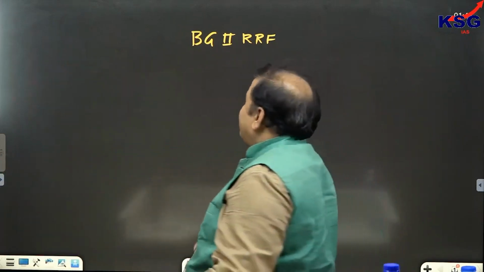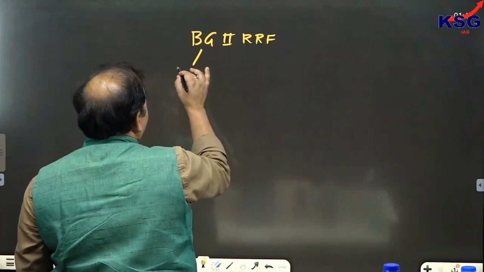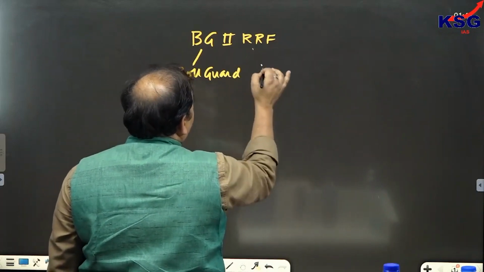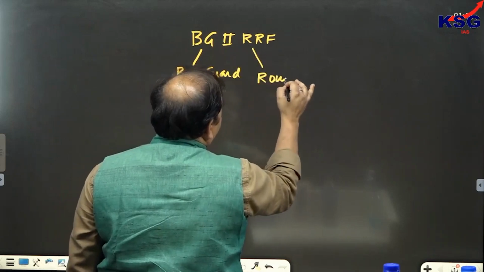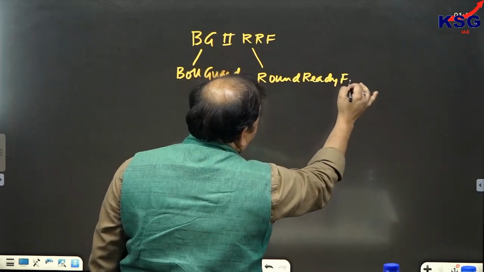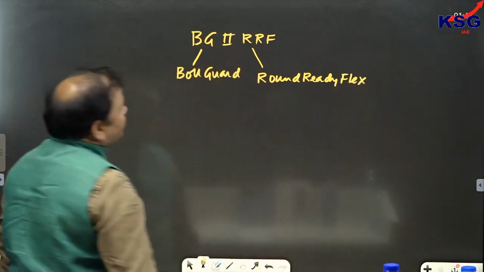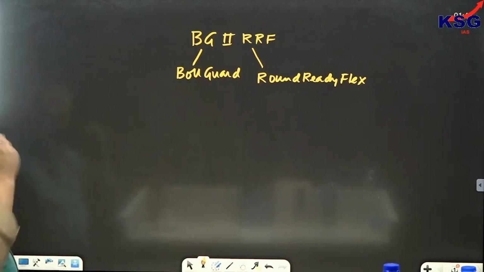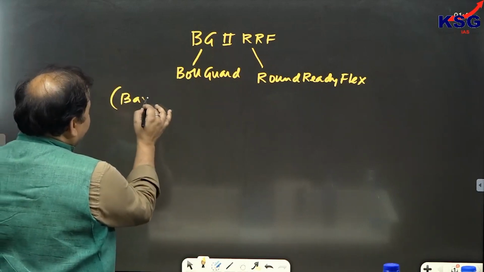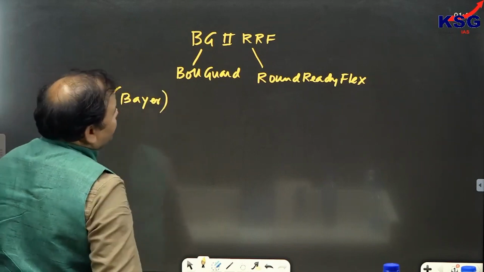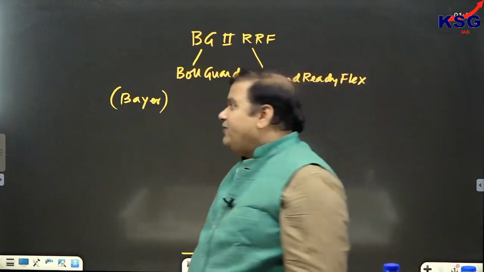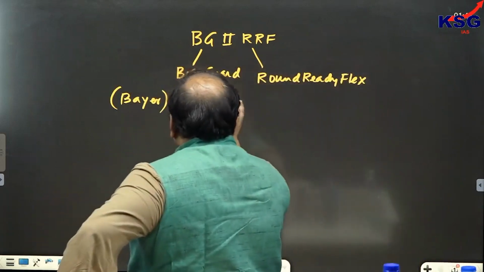But BG2RRF cotton means Bollgard 2, and RRF means Roundup Ready Flex, RR2. Now this cotton is today owned by Bayer. Bayer purchased it from Monsanto. And this is an HT variety of cotton.